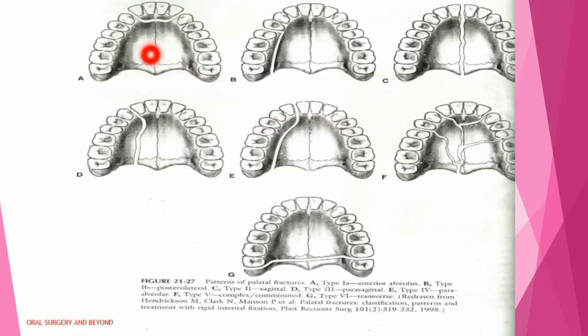Here we can see the anterior maxillary fracture, unilateral or parasagittal suture fracture, midline palatal fracture, parasagittal fractures going to the posterior side, complex fractures or the transverse fractures.